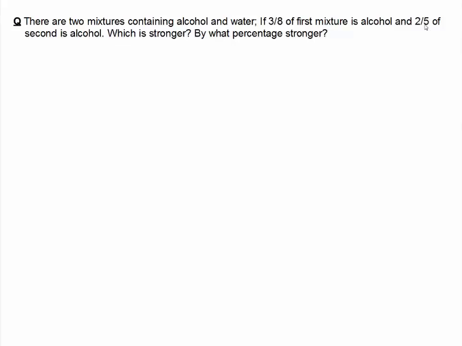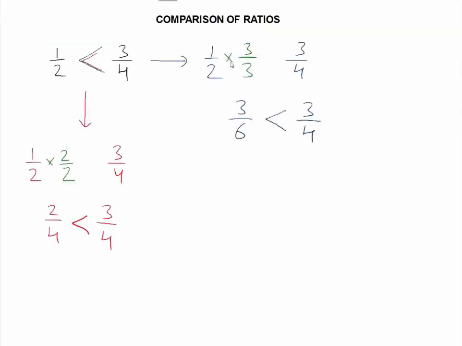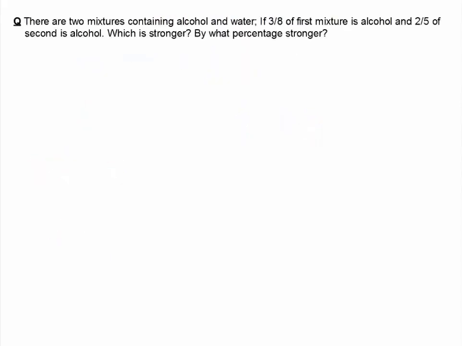Now we can either compare the way we did a moment back, using the method which we followed in comparing the ratios, or we can also find the percentage of each mixture. So let's try this method in which we will find the percentage mixture of alcohol.